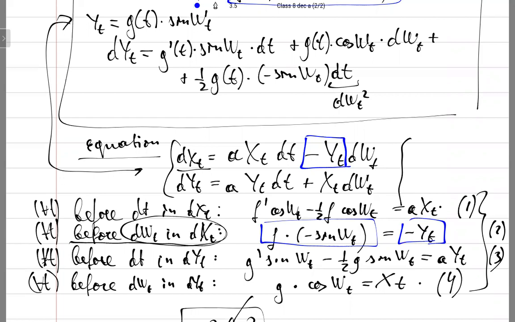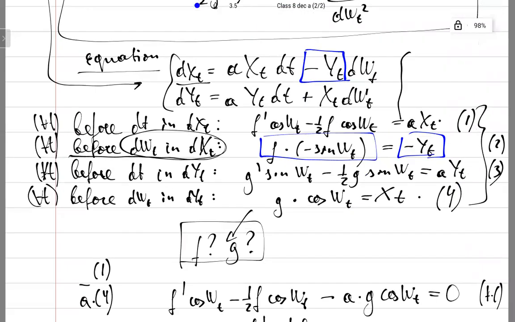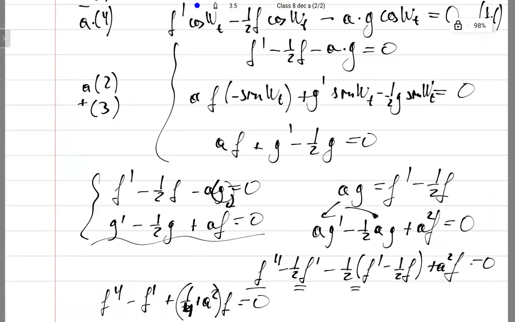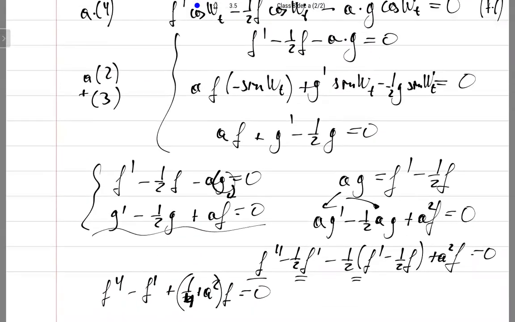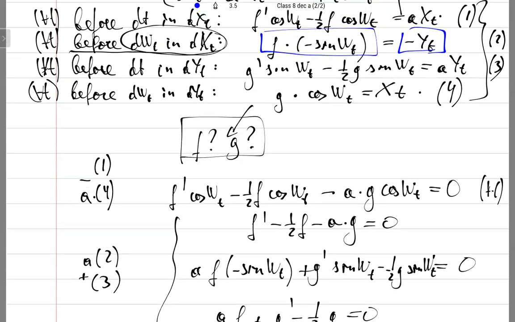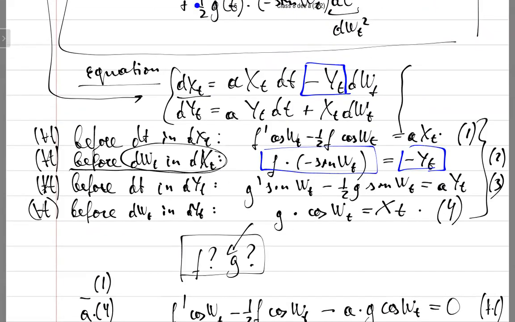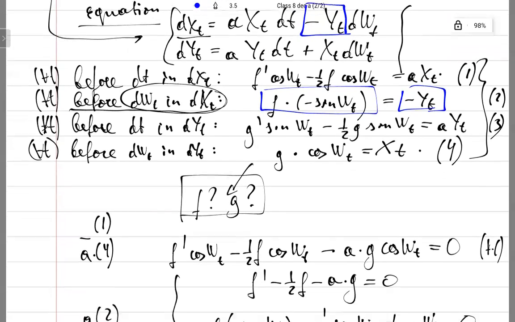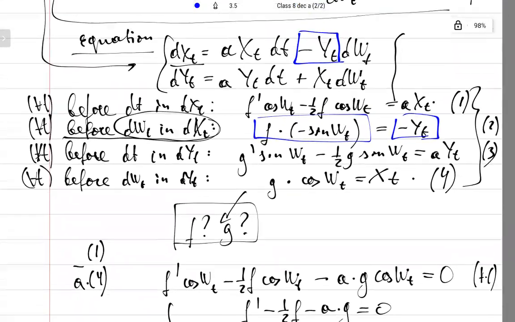Cosine xt is J cosine. Okay, let's go on. We need to solve this equation. Let me check. Maybe we can do better, because it seems too long to me.